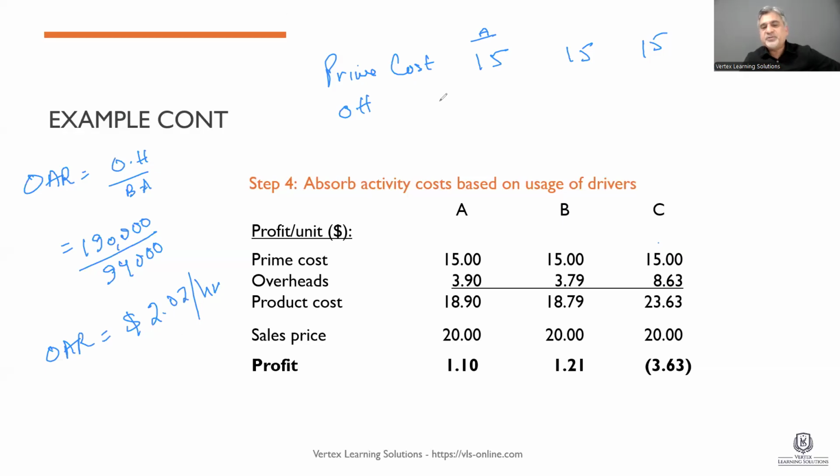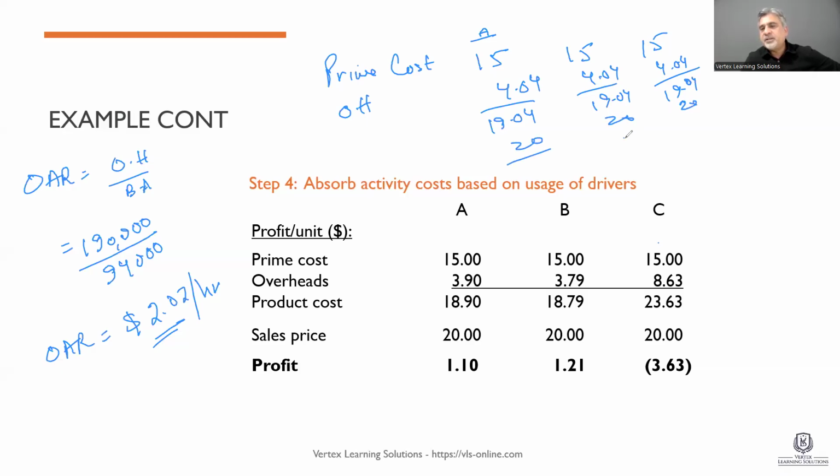So if every product was using 2 hours, and it is 2.02 per hour, which means 4.04 overhead will be here, 4.04 here, 4.04 here. So your cost of each product would be 19.04, 19.04, 19.04, and you put a price of 20, 20, and 20.